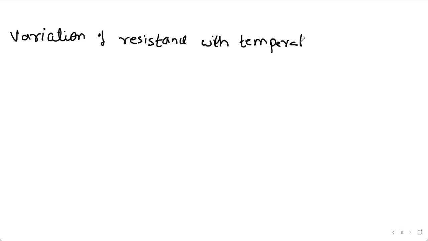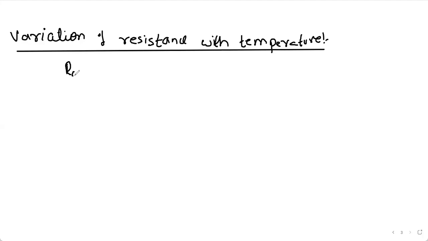Variation of resistance with temperature. Let's say you have some resistance R naught at temperature T naught.